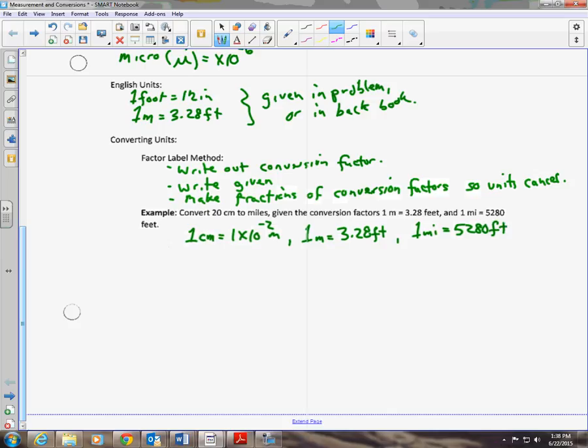Then I write down what I'm trying to convert, 20 centimeters. Now I'm going to make fractions out of these conversion factors so that the units I don't want cancel, and I'm left with the unit that I want.